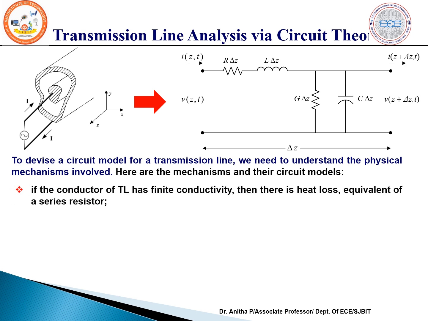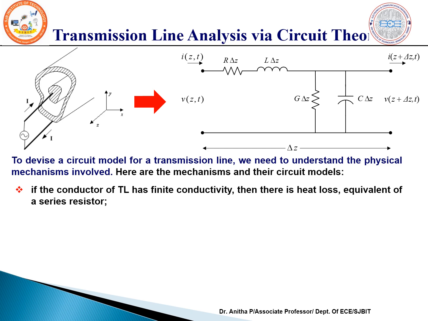Suppose I consider the conductor, as I have specified, it is 2 conductors separated, a 2 wire parallel transmission line. I am considering 2 conducting lines separated by a dielectric of epsilon r, or it may be unity, or air.